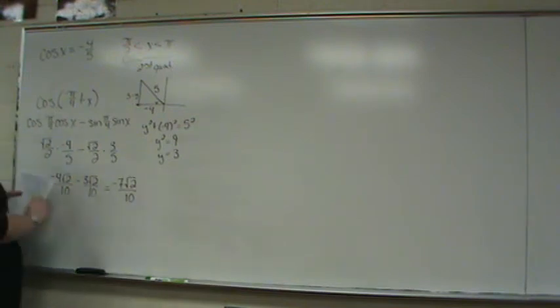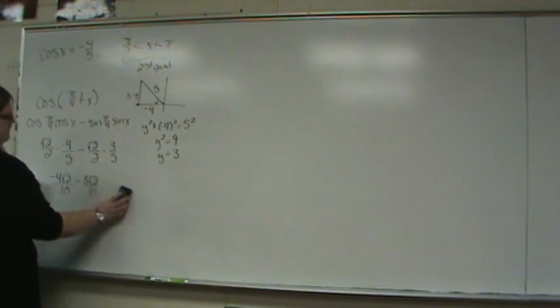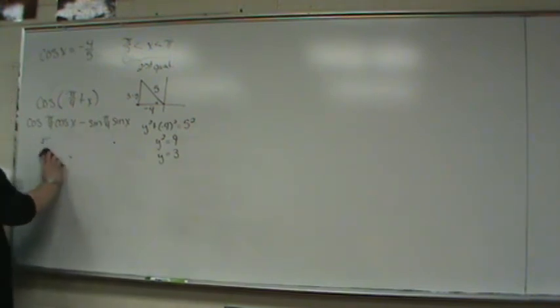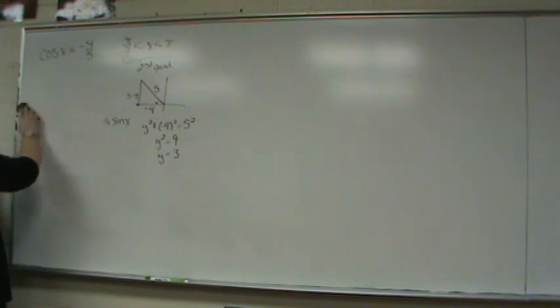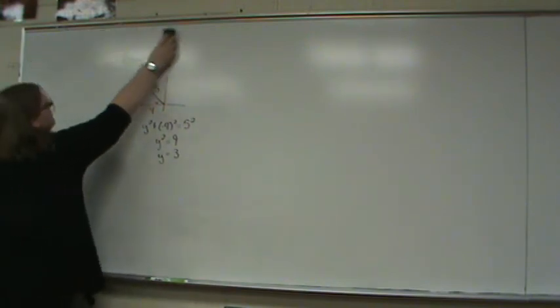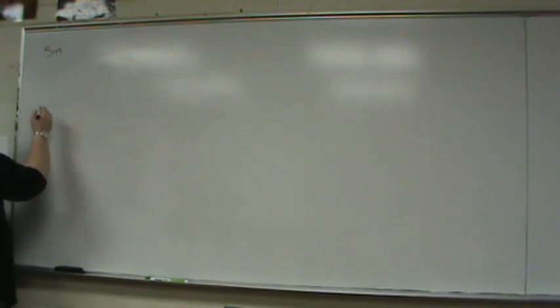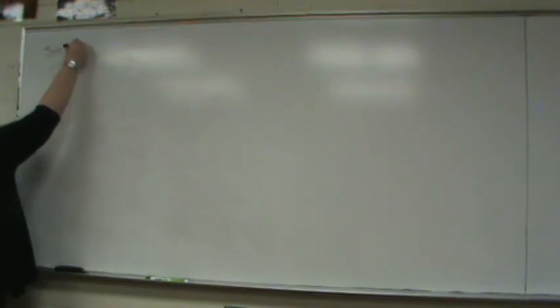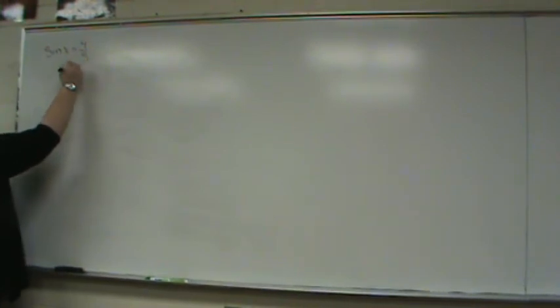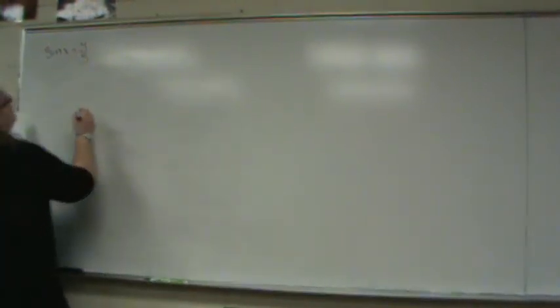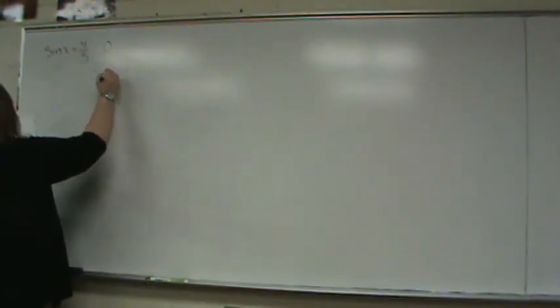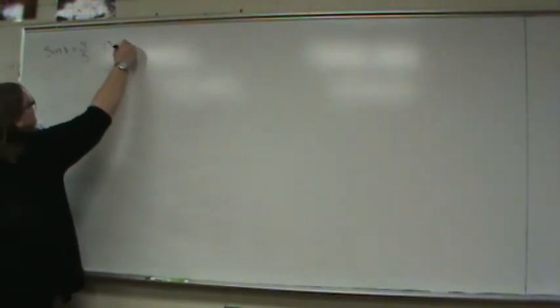And then finally, number 12. Number 12 is very similar to number 11, except this time we're given two different angles instead of just being given one. So this time we're told that sine of x equals 4 over 5, where that x value is between 0 and pi over 2.